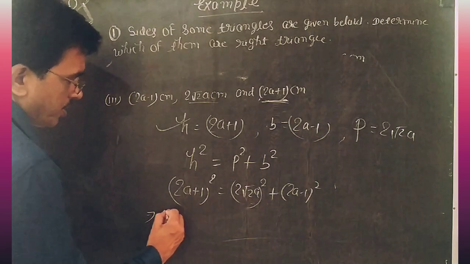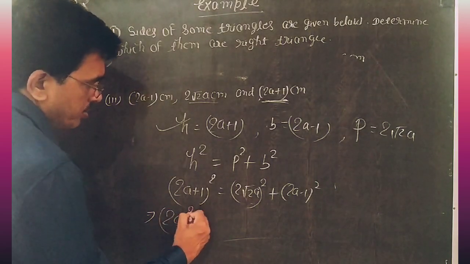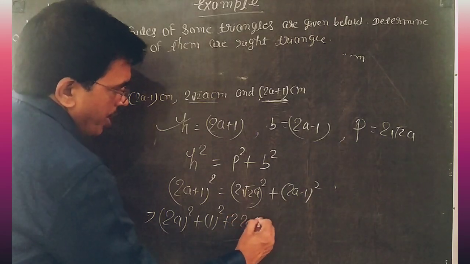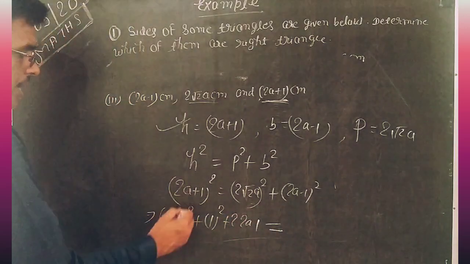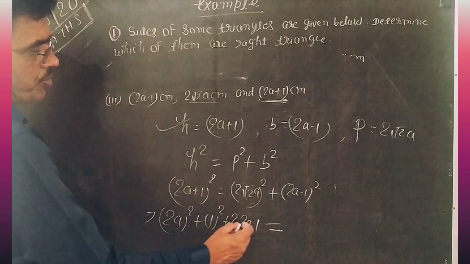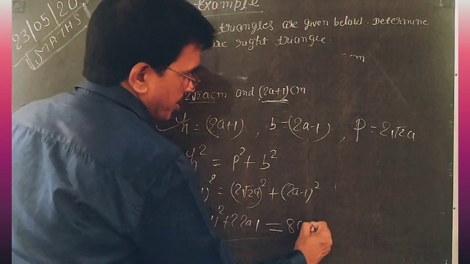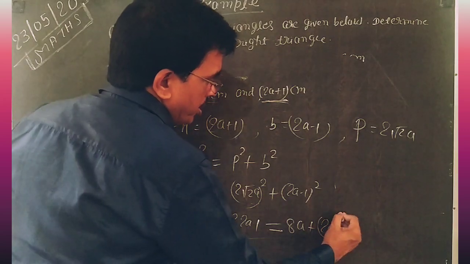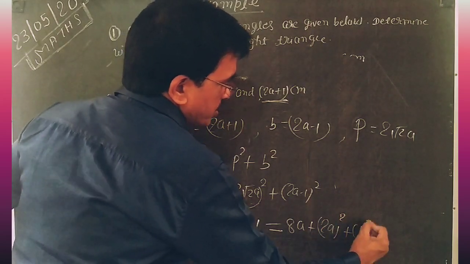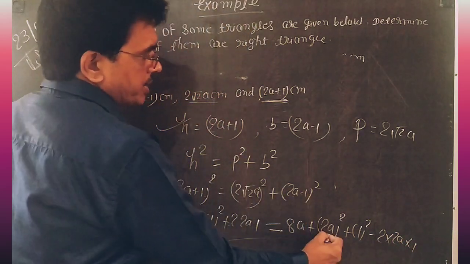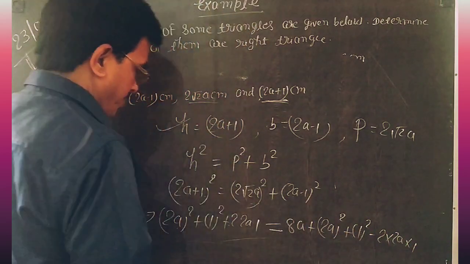Hence it is 2a whole square plus 1 whole square plus 2 into 2a into 1, because a plus b whole square is a square plus b square plus 2ab. Here 2 into 2a into 1 gives 4a, so 4a square plus 1 plus 4a. On the other side, 2 root 2a whole square is 8a square, plus 2a whole square plus 1 whole square minus 2 into 2a into 1, that is a square plus b square minus 2ab.